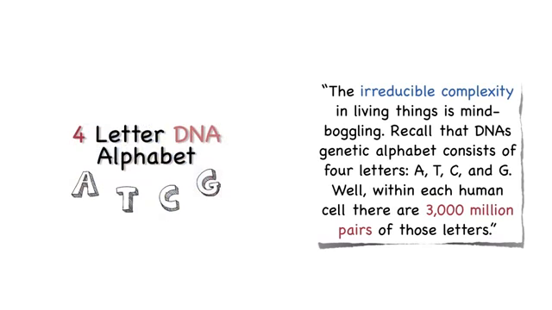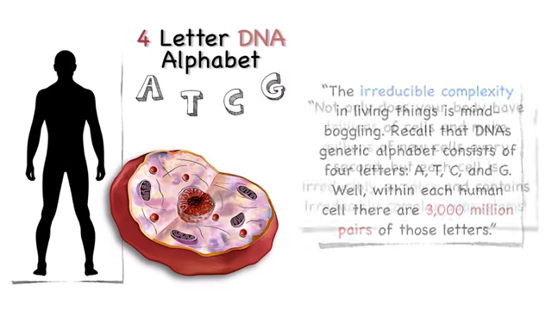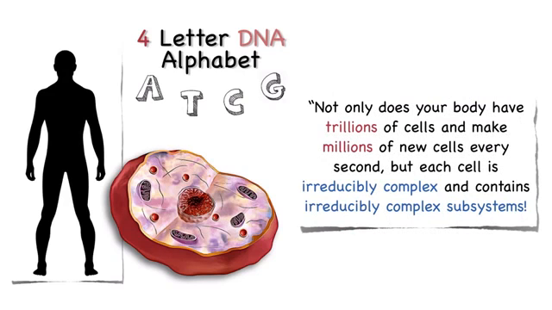Recall that DNA's genetic alphabet consists of 4 letters, A, T, C, and G. Well, within each human cell, there are 3 million pairs of those letters. Not only does your body have trillions of cells and make millions of new cells every second, but each cell is irreducibly complex and contains irreducibly complex subsystems."